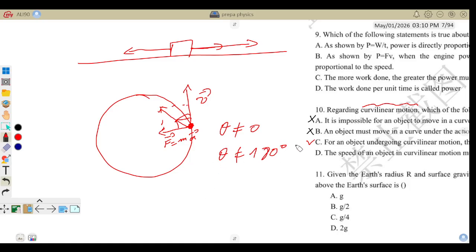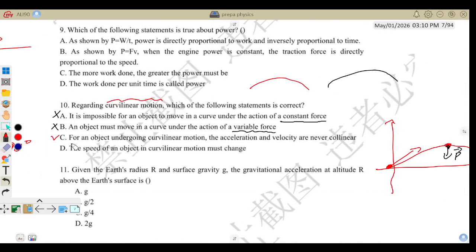This is the condition. So for C, for an object undergoing curvilinear motion, the acceleration and the velocity are never collinear. This is true. For D, the speed of an object in curvilinear motion must change.